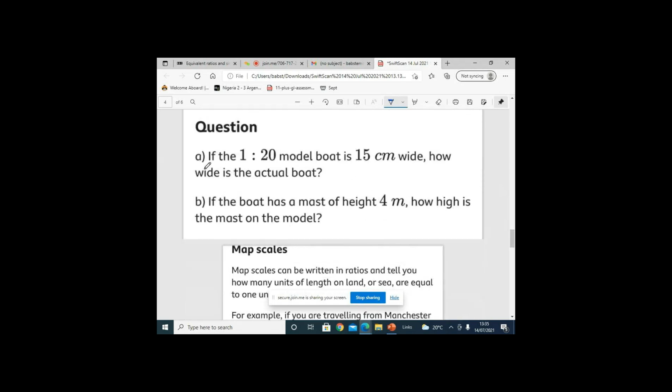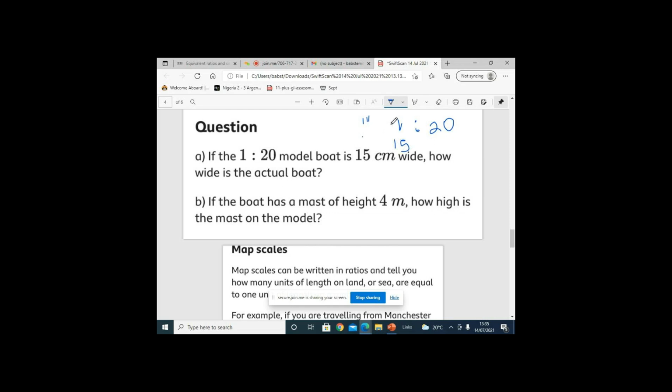Look at one now. A question: if a 1:20 model boat is 15 centimeters wide, what is the actual width? The scale is 1:20, and the length on the map is 15. So how wide is the actual boat?